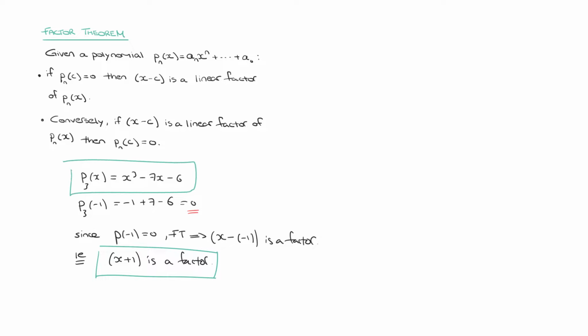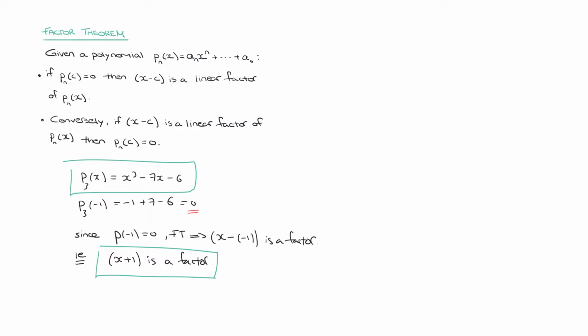Consequently, by the very definition of a factor, if I divide this polynomial by this factor, what should the remainder be? 0. Yeah, that's the definition of a factor, right? So, let's do that.